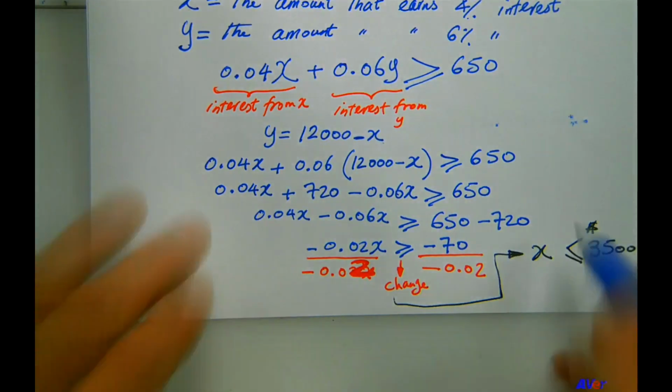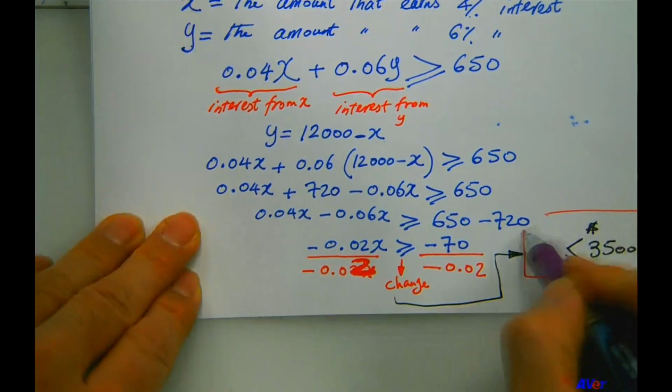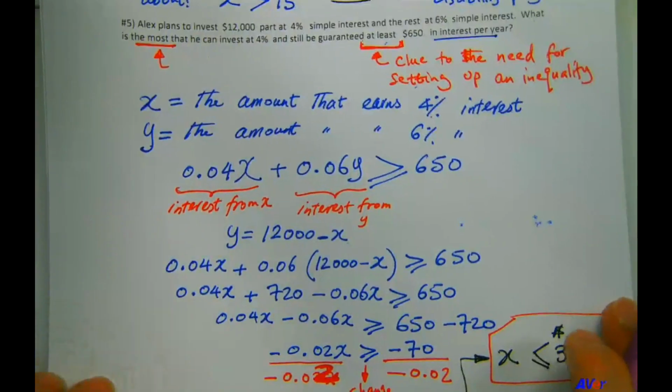So Alex has to invest either $3,500 or less in the account that earns interest at 4% in order to guarantee that collectively from both accounts he will end up with at least $650 of interest. So you might say, well, if he has the option of investing in an account that earns interest at 6%, why even bother to invest in the account that earns at 4%?